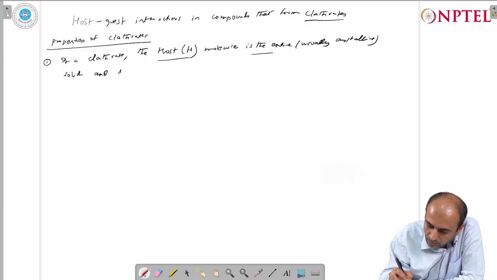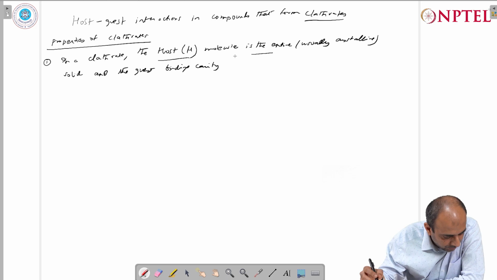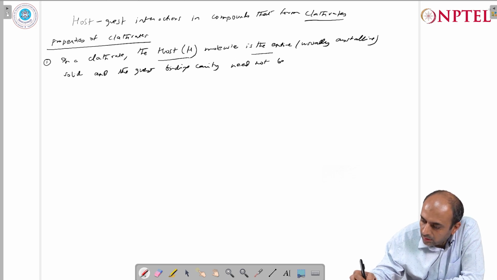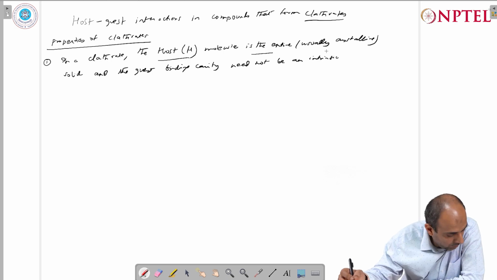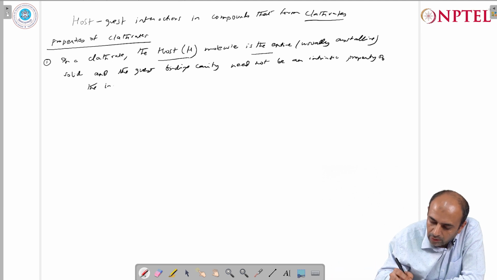and the guest binding cavity need not be an intrinsic property of the individual host molecules.